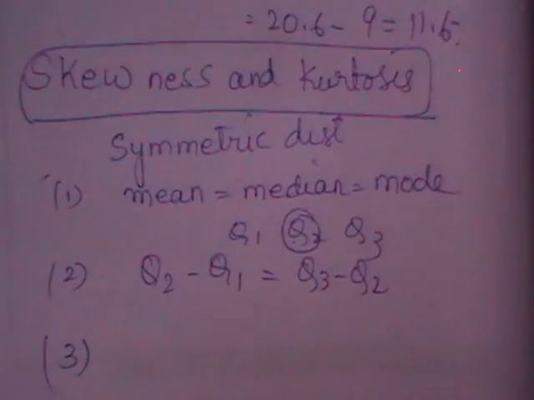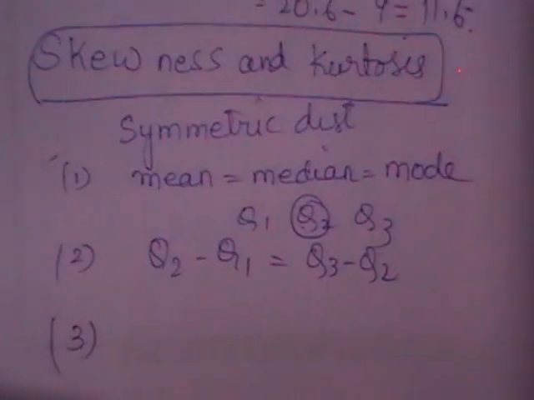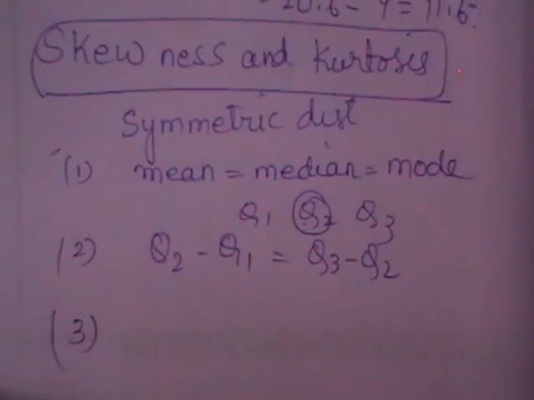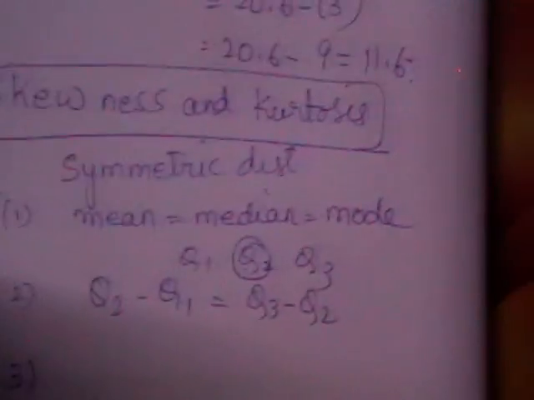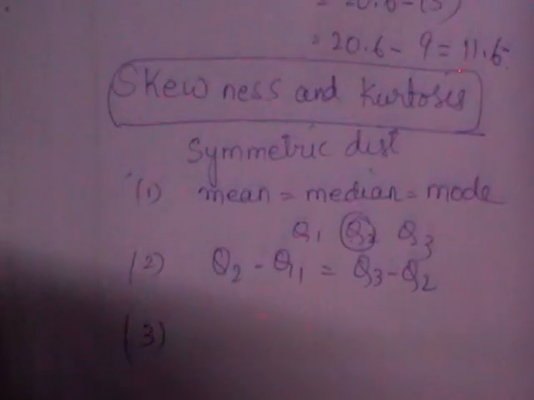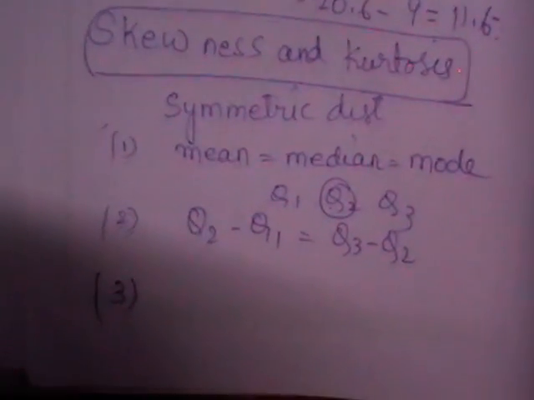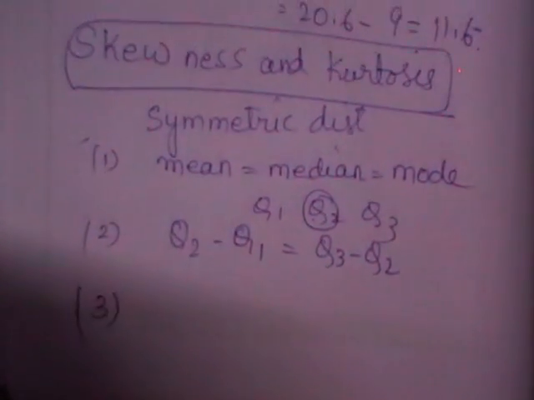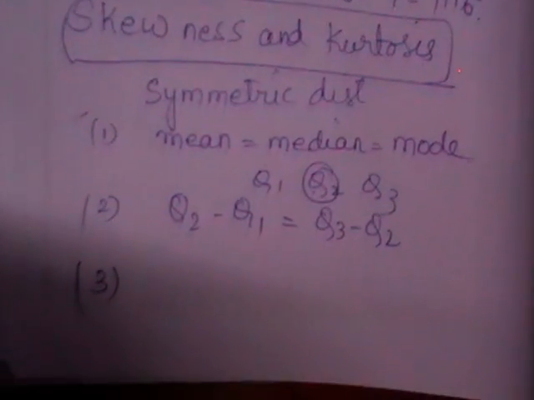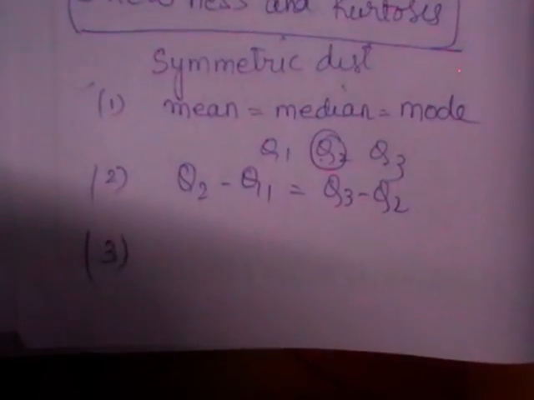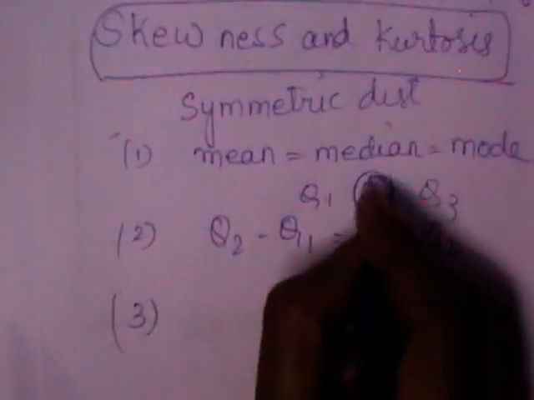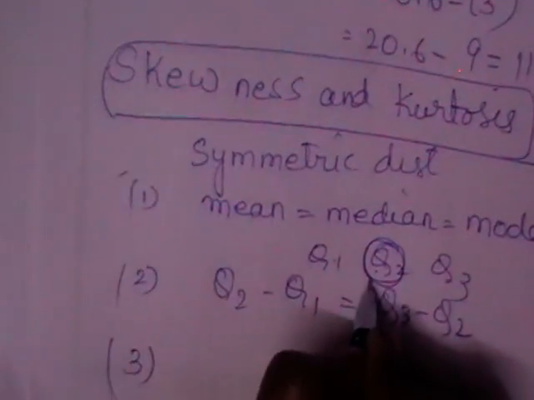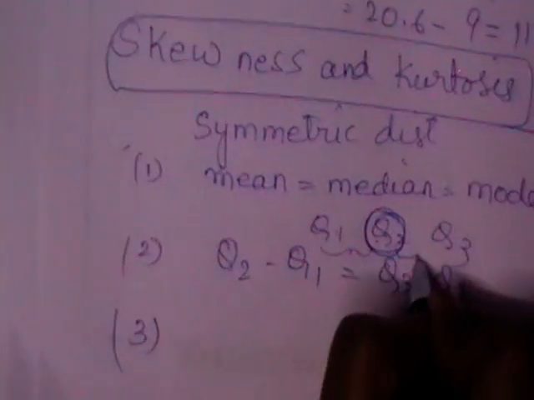Again I am repeating. The first condition is that mean, median, mode should be equal. The second condition depends upon the quartiles. There are three quartiles called Q1, Q2, Q3. If the second quartile is equidistant from Q1 and Q3, that is Q2 minus Q1 is equal to Q3 minus Q2, the distance between these two should be the same as between these two.